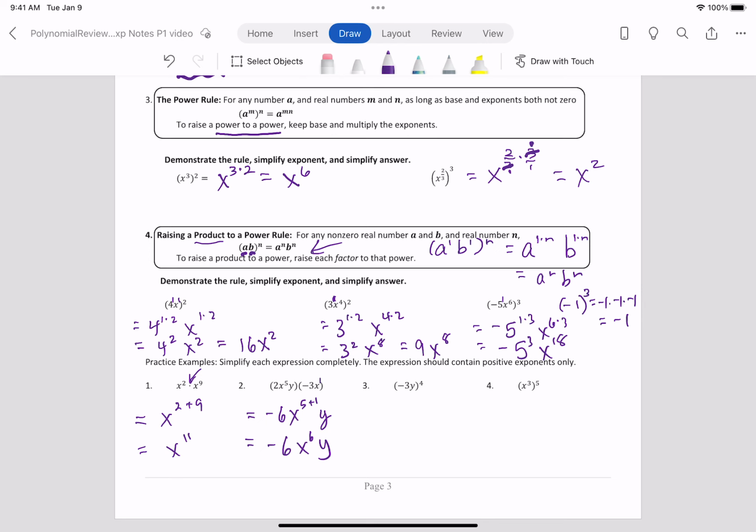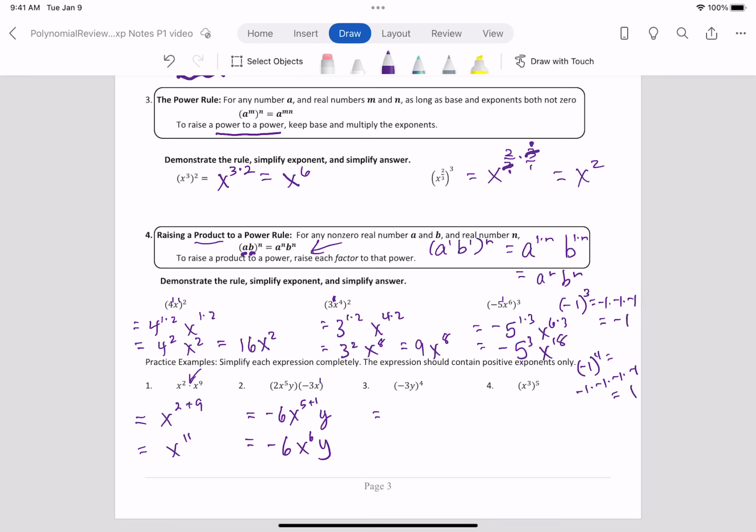Now for the third one, you see I have that negative inside again. The power isn't odd this time, it's even. Well, if I was to raise negative 1 to the 4th power, that means to multiply it times itself 4 times, which would end up being a positive. So anytime we have a negative raised to an even power, the answer is going to come out positive.